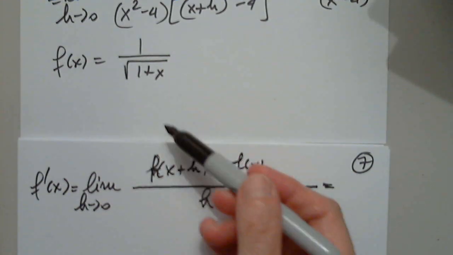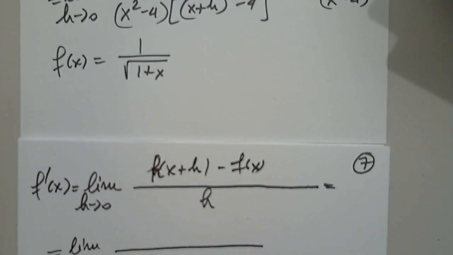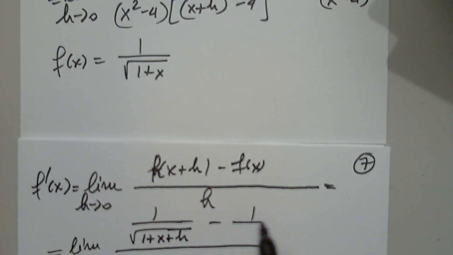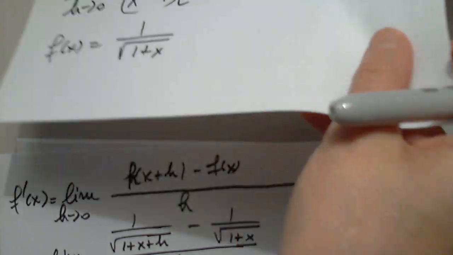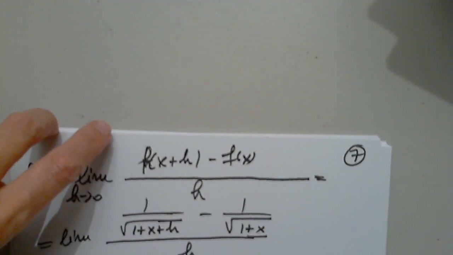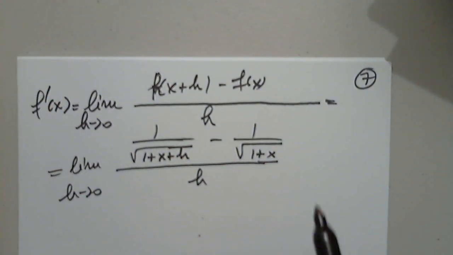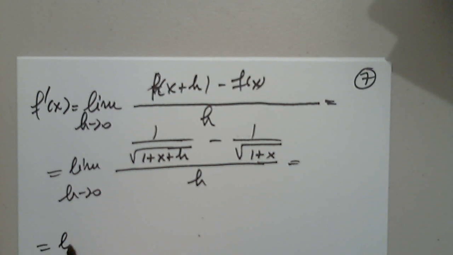And now, can anyone plug in x plus h here and give us the next step? It would be 1 over square root of 1 plus x plus h minus 1 over square root of 1 plus x, over h. Very good. Everything over h. Like before, we need the least common denominator. Not a nice problem, but we have to look at something like this.